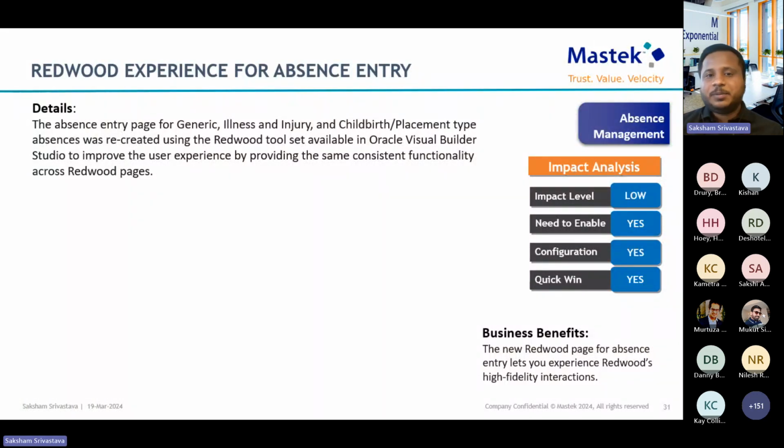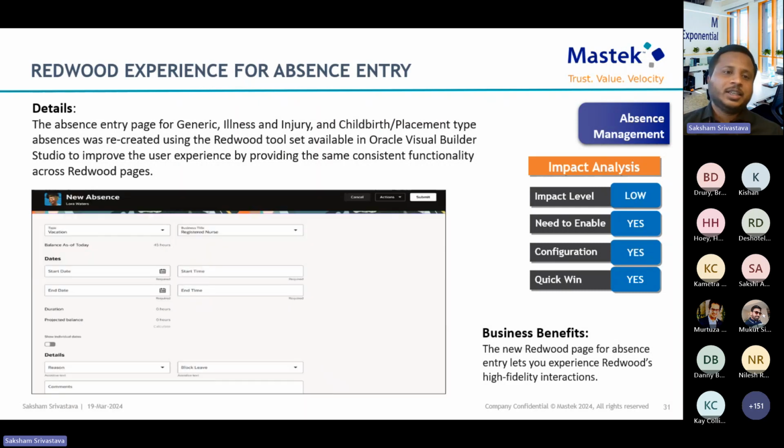Moving on, the next page is a more user-friendly Redwood page for absence entries. For example, if you are an end user and you want to enter an absence for yourself, you can go into the system and enter that in the Redwood user interface now. So this page is now available in Redwood also.